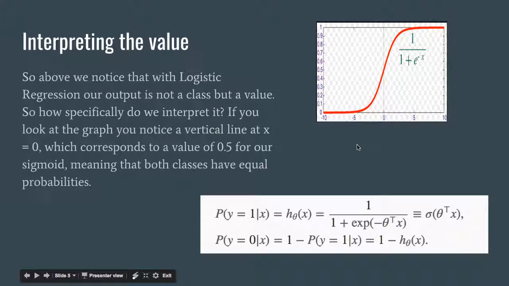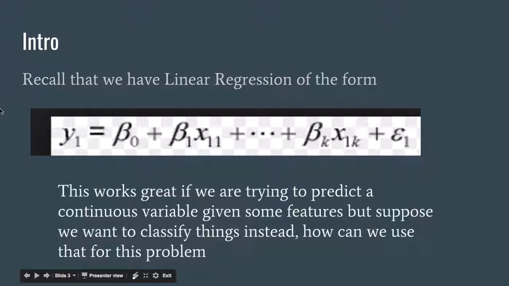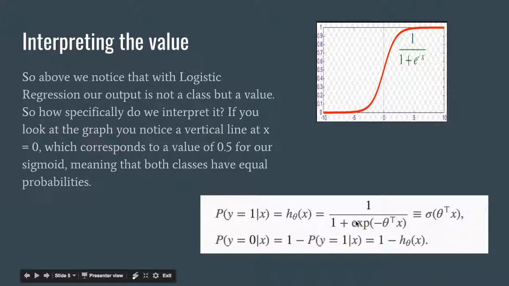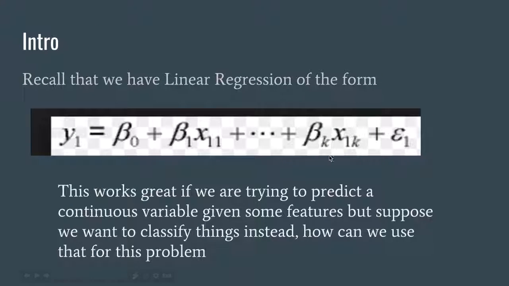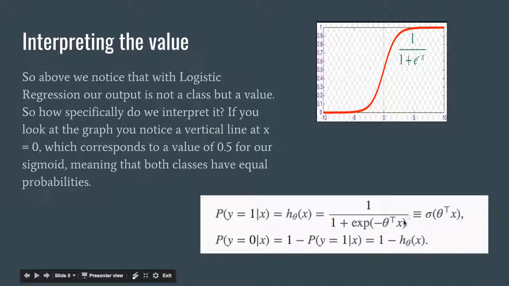The way we can adapt this is, you'll notice this function is continuous, but at the same time it is also a valid probability space. So what we can do is take a linear regression of this form and pass it into a sigmoid function, which we do over here. Our theta corresponds to our betas over here, so we're computing theta transpose x, and that is our input into this function.